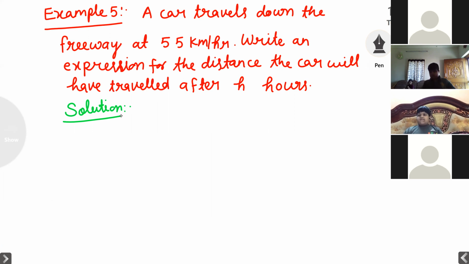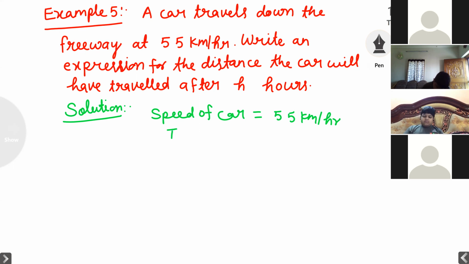It means speed of car he has given, 55 kilometer per hour. Note down, speed of car equals 55 kilometer per hour, and time taken equals h hours.